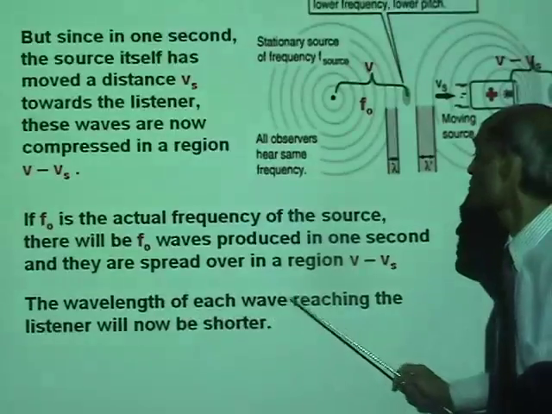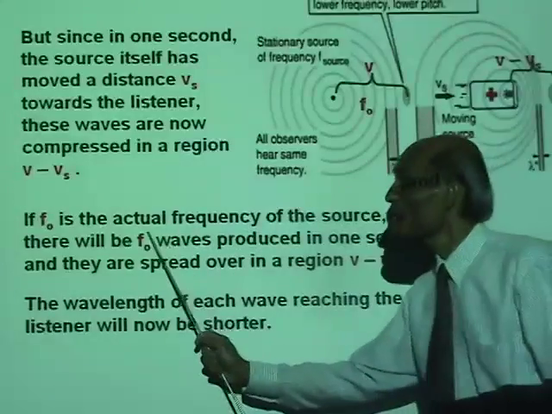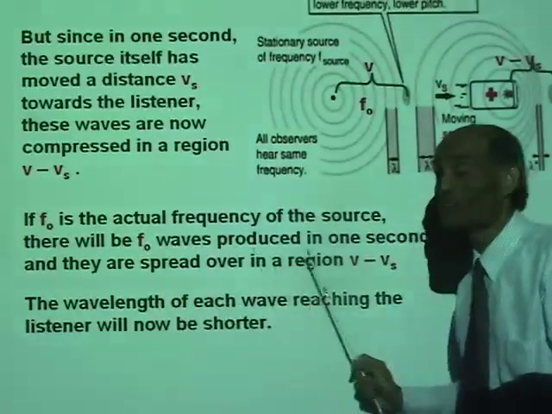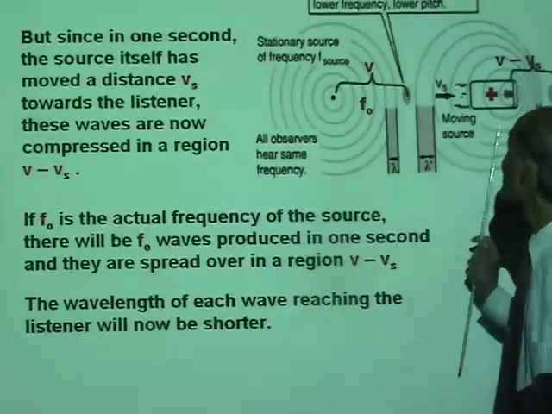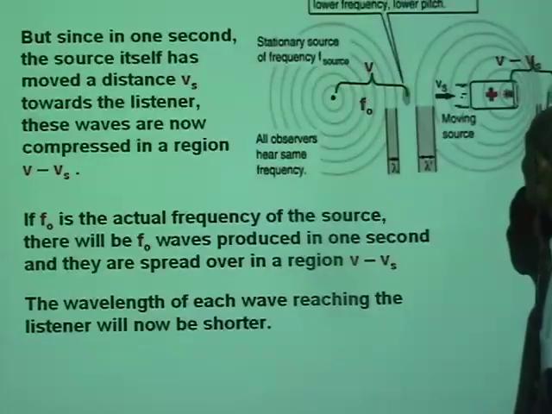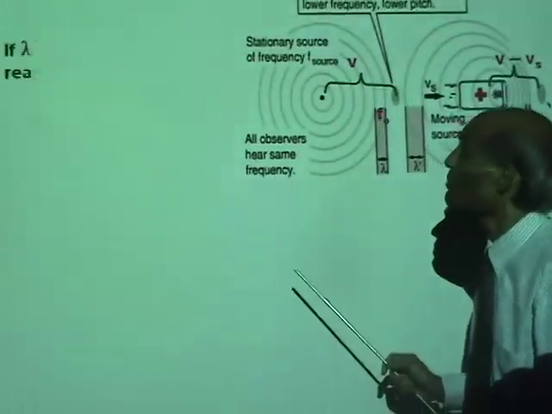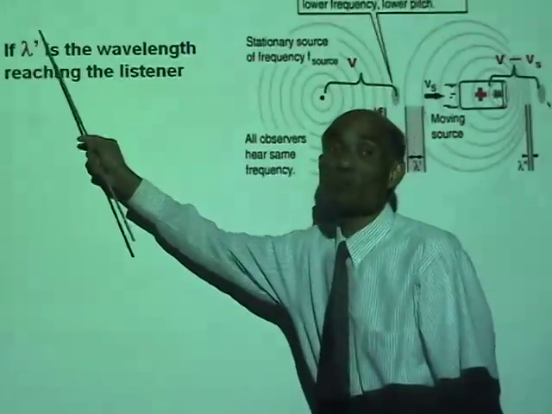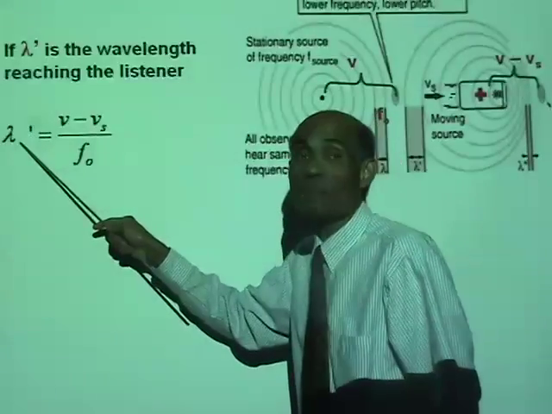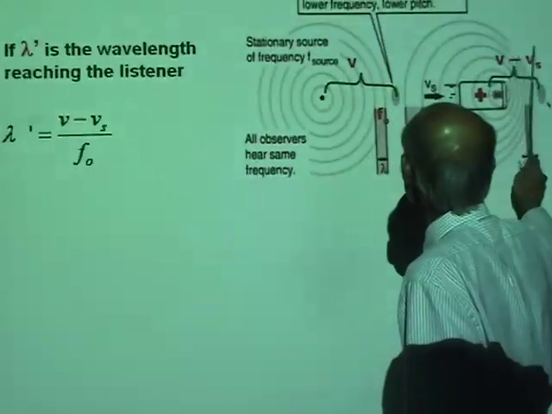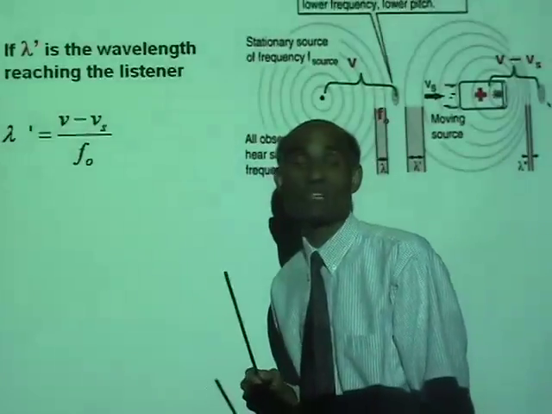The wavelength of each wave reaching the listener now will be these F0 waves spread in a length V minus Vs. That means the length of each wave reaching the listener now will be this distance divided by the number of waves. If lambda prime is the wavelength that reaches the listener, that lambda prime will be this distance divided by that number of waves, which is F0.